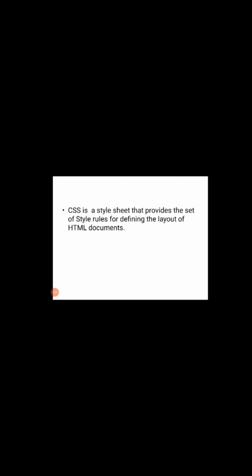CSS is used to make the appearance of the web page more effective. It enhances the look of a web page. Using CSS you can set the font color, background, position, margin, etc. of various elements of web pages. CSS is very easy, so we will be studying CSS now.